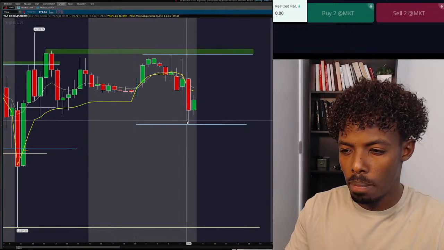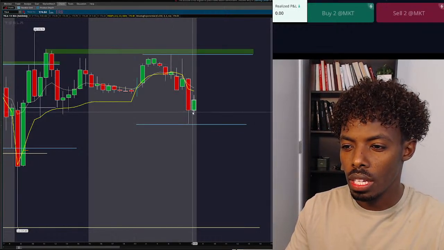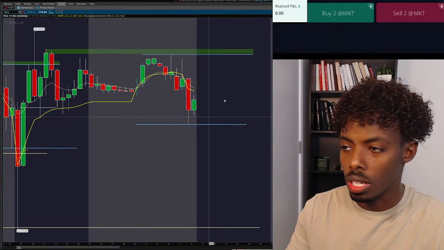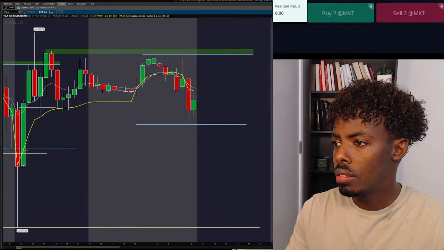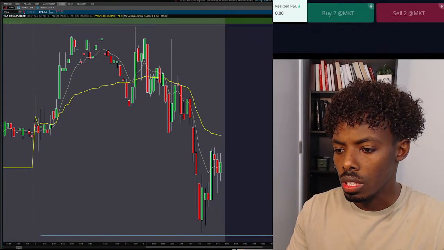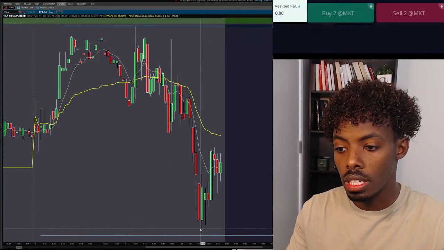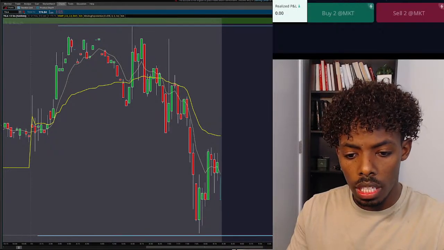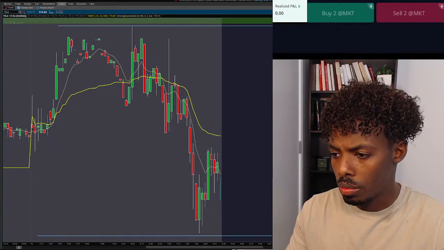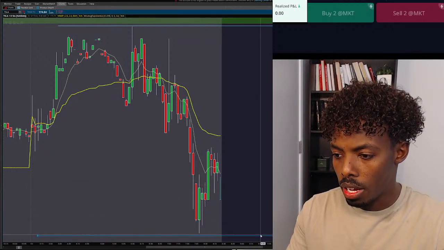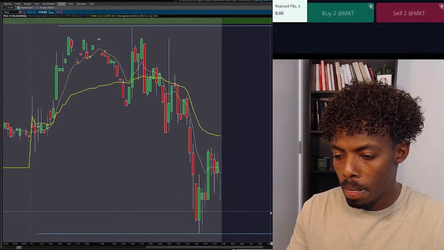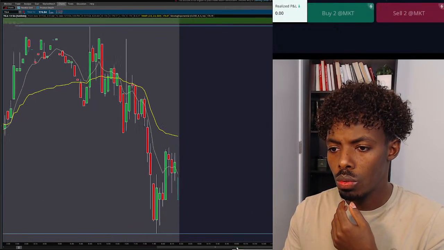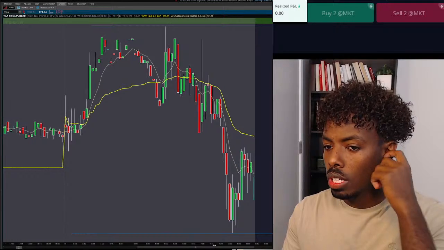There's not a major wick like this one, but this is still some level of a reaction here. We could also mark this, but let me see what it looks like on the 5 minutes. There is a reaction here, yeah. I could mark this, but the market's going to be opening in 5 minutes, so let us be prepared. We basically are prepared here. We marked the highs and lows.